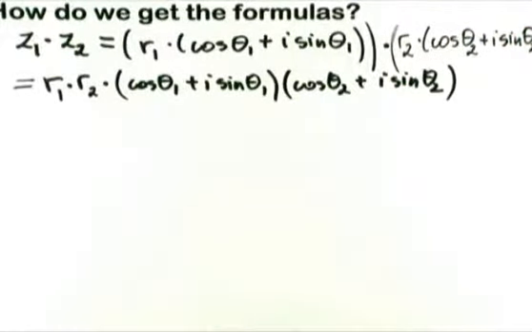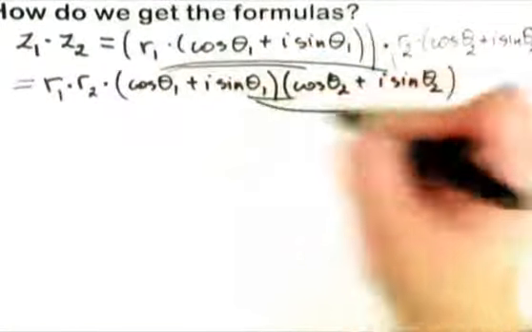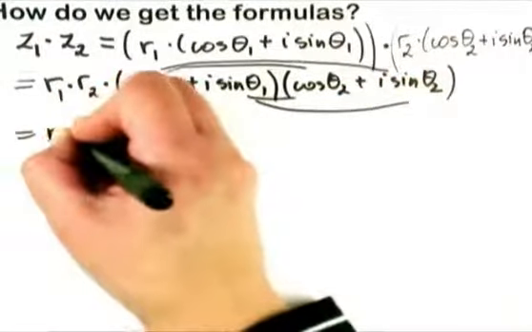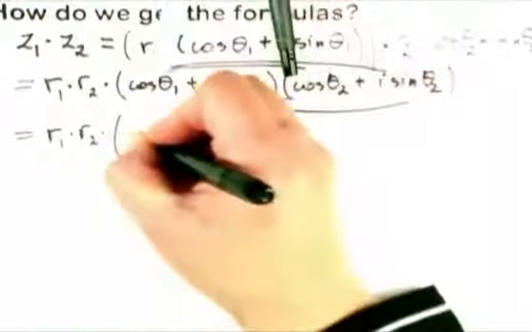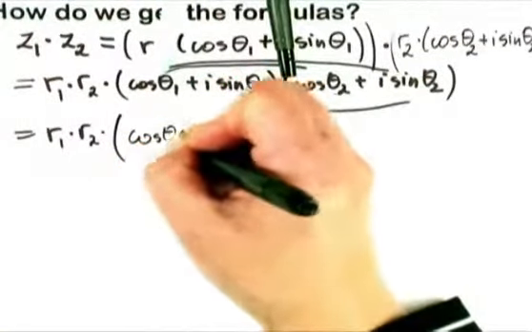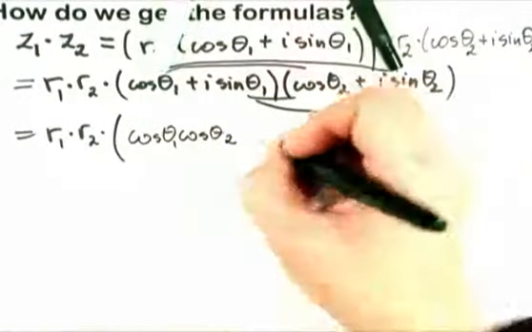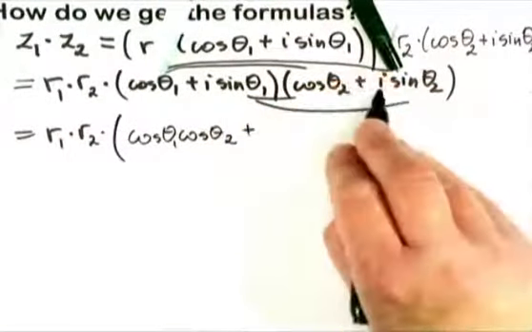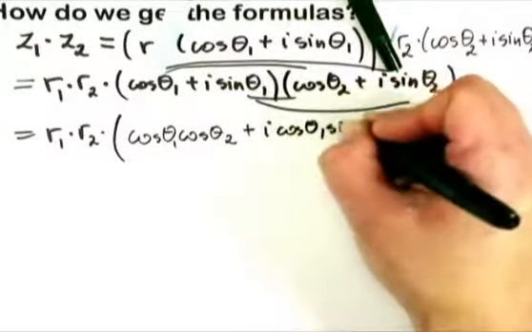Now we're going to FOIL it, multiply out the brackets. So we have r1 times r2 times, and we FOIL this out. We have cos times cos, but the arguments are different, so I need to keep it in this form: cos theta 1 cos theta 2. Now I multiply those two: plus i cos theta 1 sine theta 2.